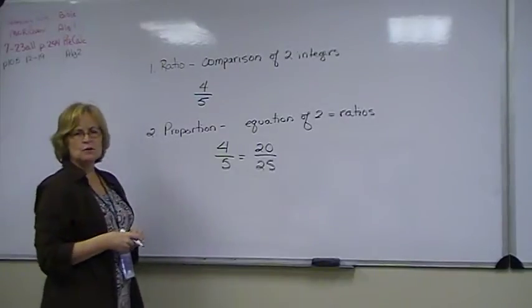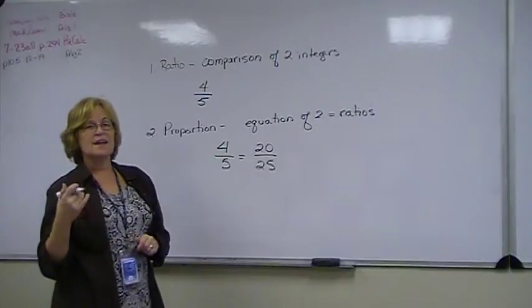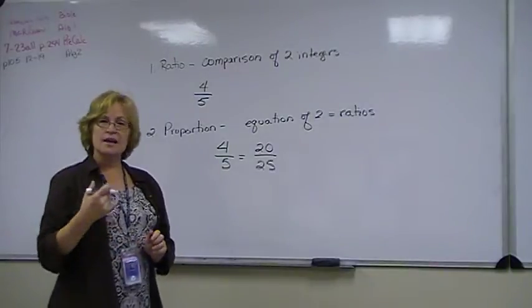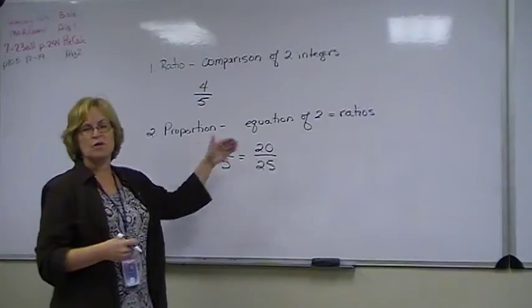How do I know that those are equal ratios? Well, if I can find a common factor, I can reduce one of them, and it should come down to lowest terms of both of them.